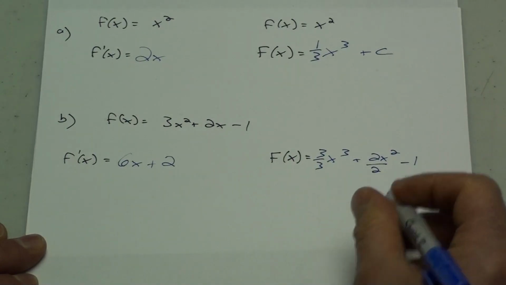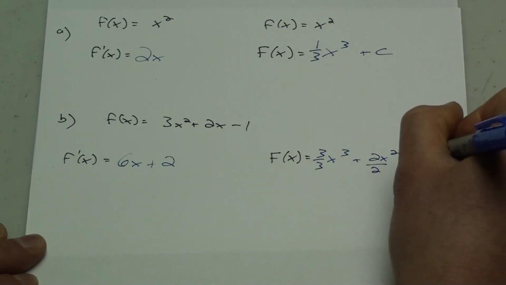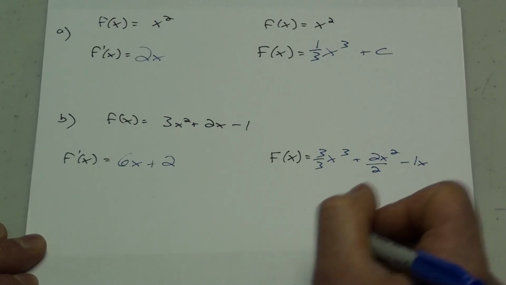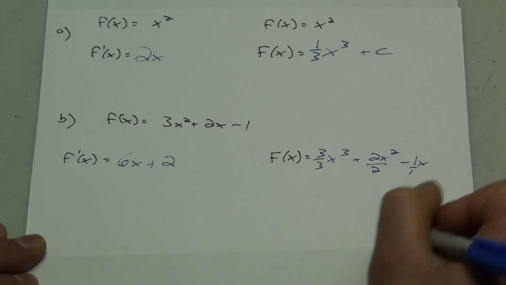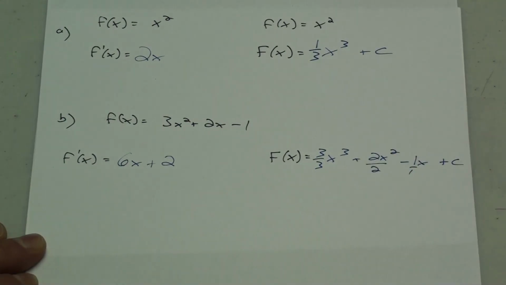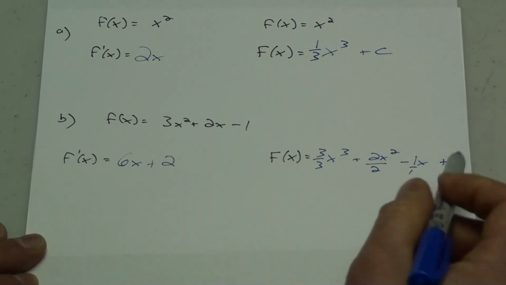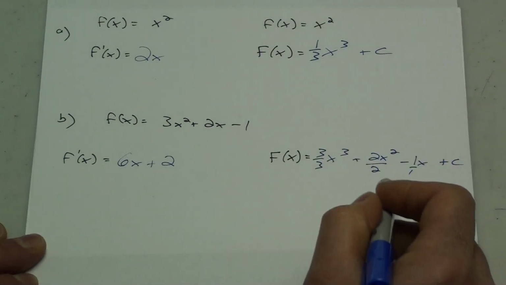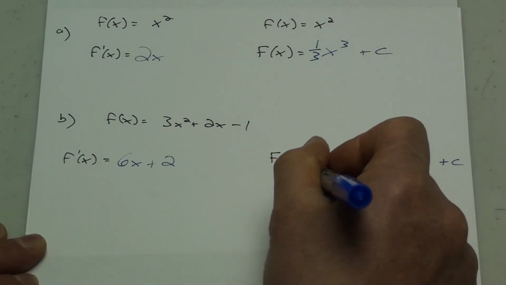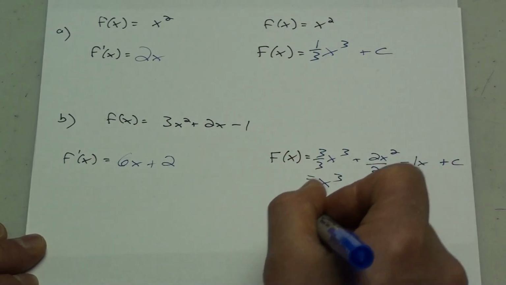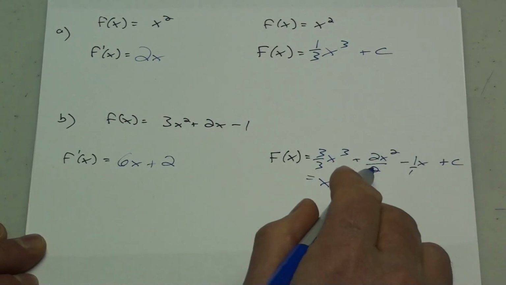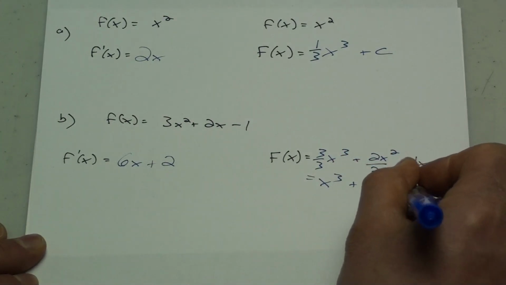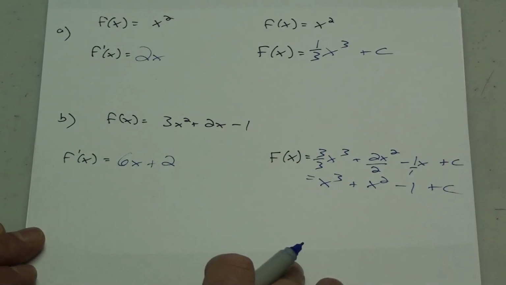Minus 1: I add an x onto that by increasing the exponent and dividing by my increased exponent. Then I have my unknown constant that could have been there and would have gone to 0 in the derivative. Now I can reduce these fractions: 3 over 3 becomes 1, so it's just x cubed. 2 divided by 2 is just 1, so x squared, minus x, plus c.